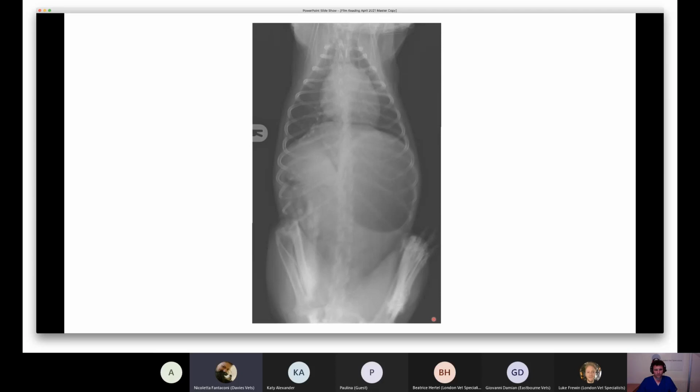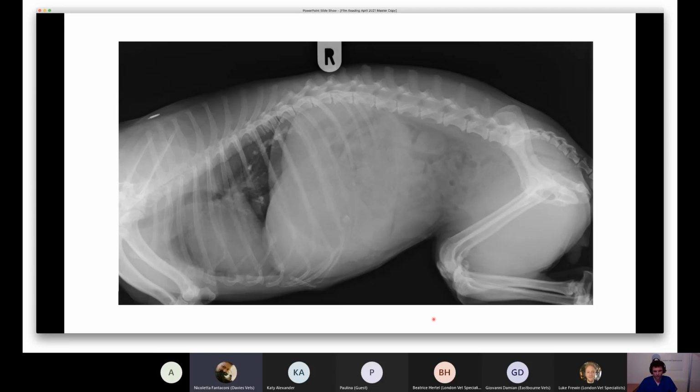Regarding the abdomen, there is a massive dilation of the gastric fundus, which essentially occupies the entire costal arch, and there is some multifocal mineralized material, which I suppose to be in the region of the pylorus, because this is a right lateral.